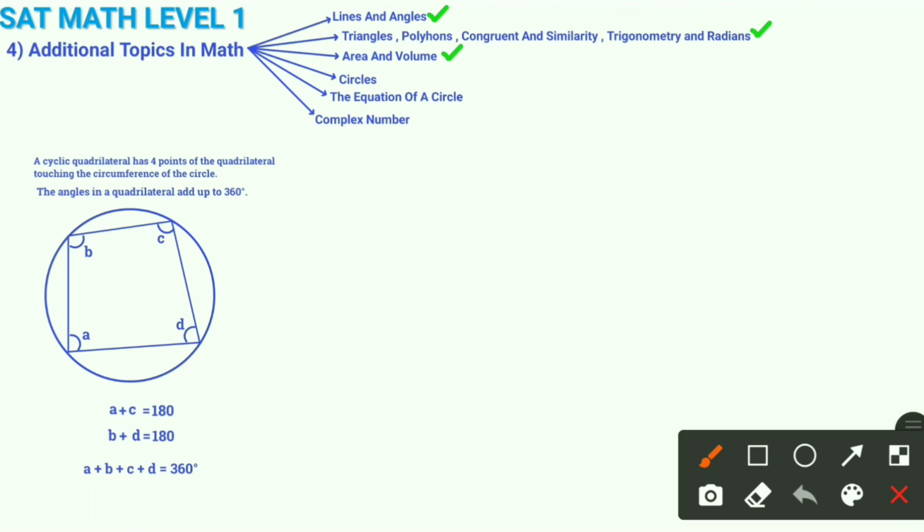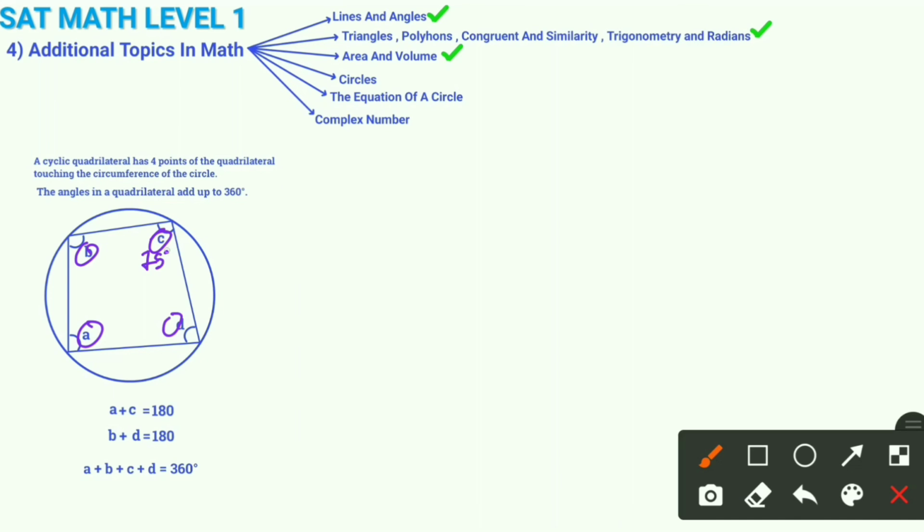The angles in a quadrilateral add up to 360 degrees. The quadrilateral has 4 points touching the circumference of the circle. Whenever you get these kinds of conditions, then you can understand that B plus D will add up to 180 and C plus A will add up to 180.